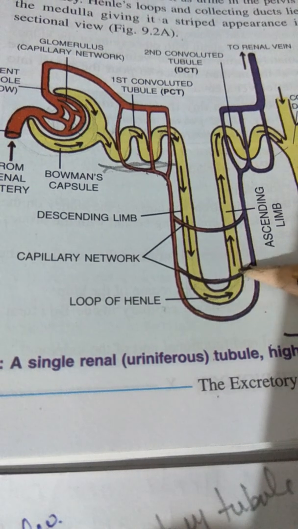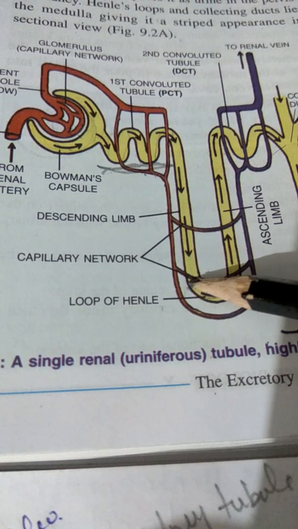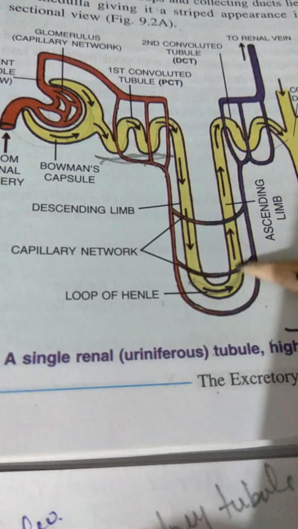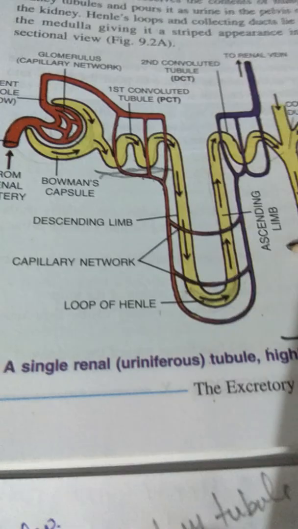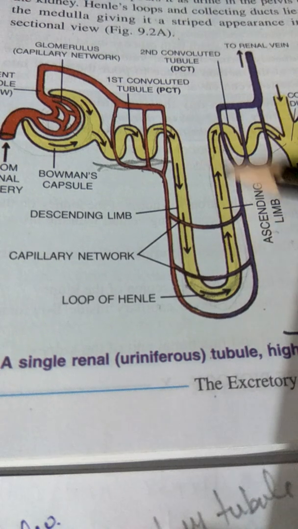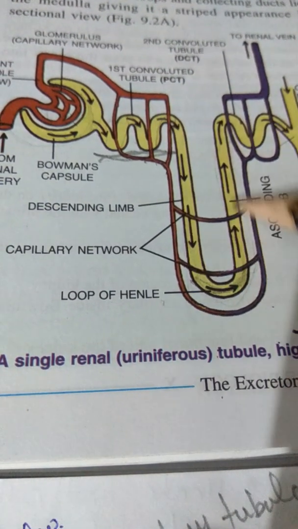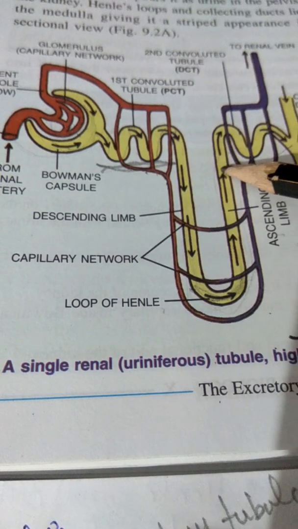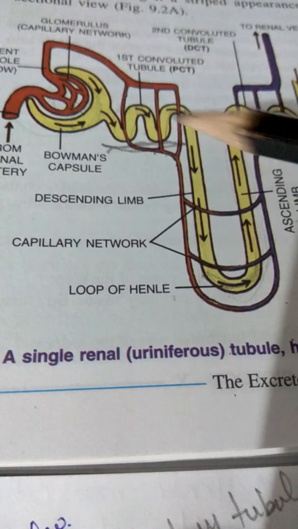Then a loop-like structure is formed, like a hairpin having a loop. Then its other limb, the other side, runs upward, and that part is called the ascending limb. So this whole U-shaped, hairpin-like structure is called the loop of Henle. This is the second part of the tubular part.